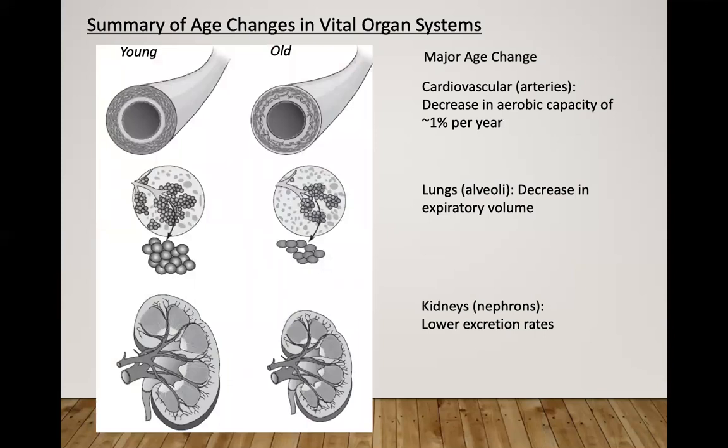Obviously, with our cardiovascular system, we start to see a major change in the arteries, because we see about a 1% change per year decrease in our aerobic capacity, from young to old. And we might start to see that in how well we are able to participate in any kind of activities. Our lungs might decrease in their volume.